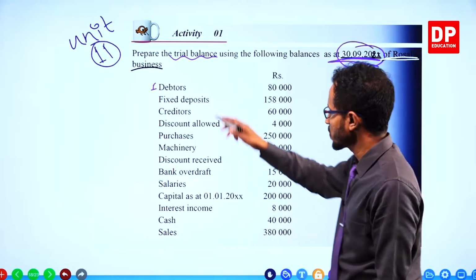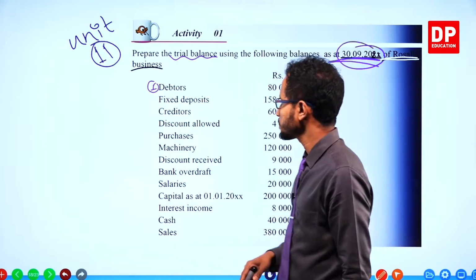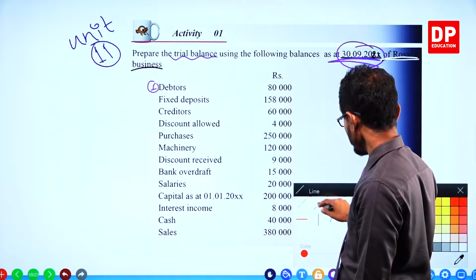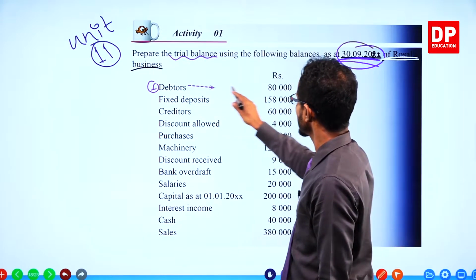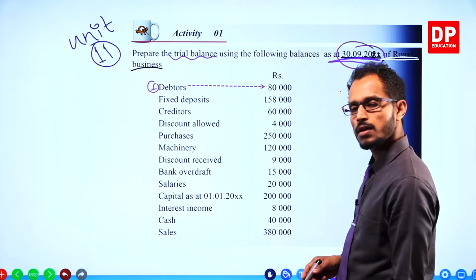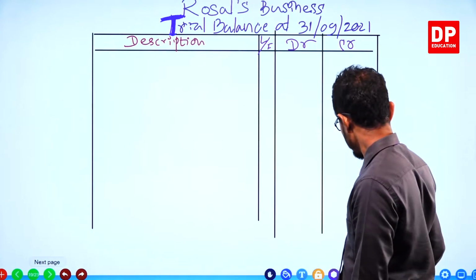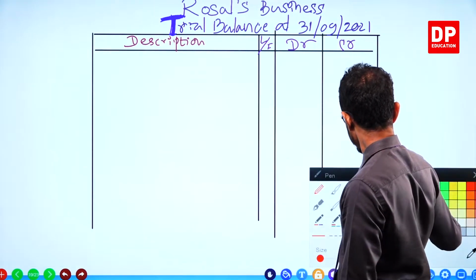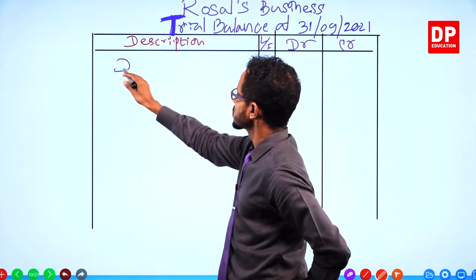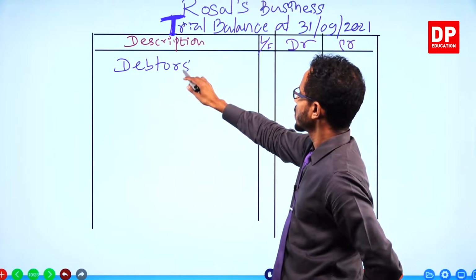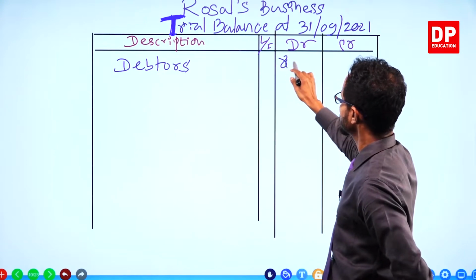The balance of the debtors account, 80,000. Let's put this 80,000 to the trial balance, shall we? Debtors, $80,000.